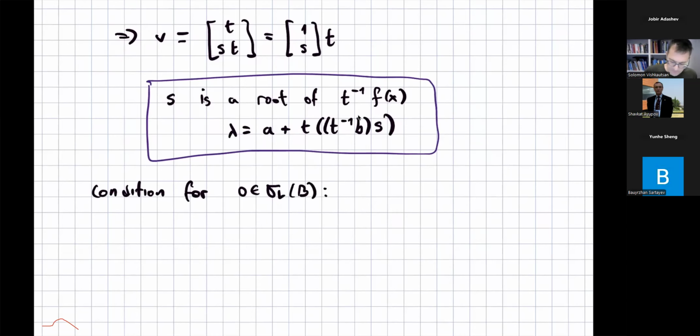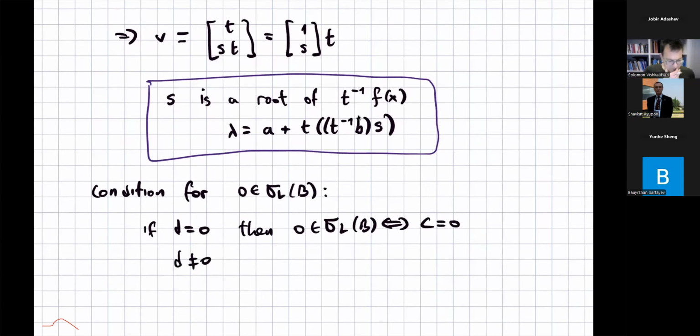If d is equal to 0, then we have 0 if and only if c is equal to 0. And if d is not 0, then... So this is for b is not 0, I think.